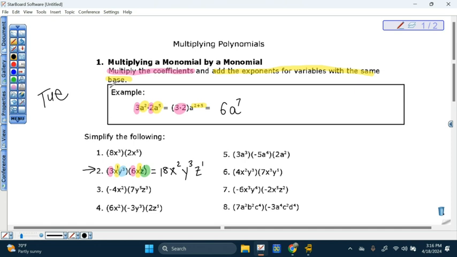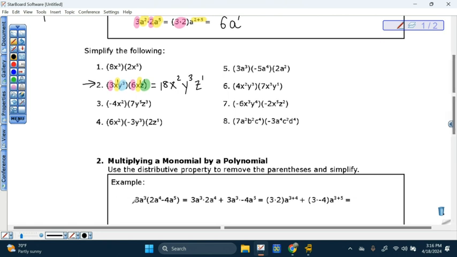Now let's talk about what we learned yesterday. Yesterday we took monomials, one thing, and multiplied it by a polynomial. In this example, I'm taking a monomial and multiplying it by a binomial. It has 2 terms. We need to use the distributive property to do that. What is the distributive property? What does it mean? Exactly.